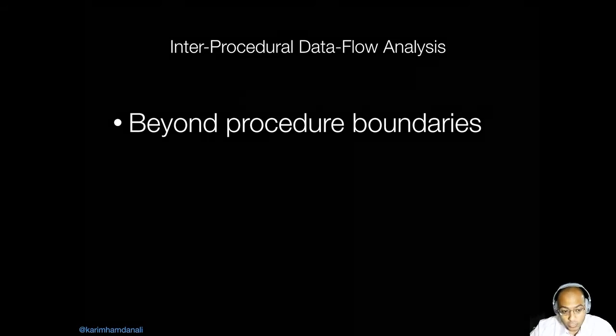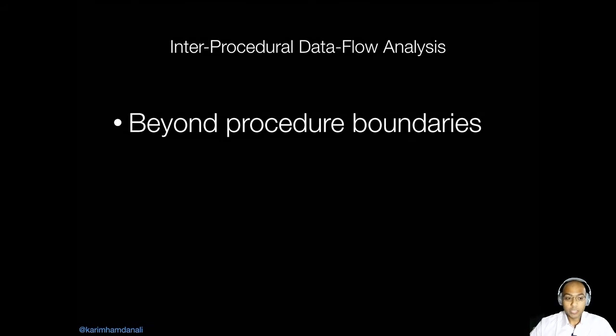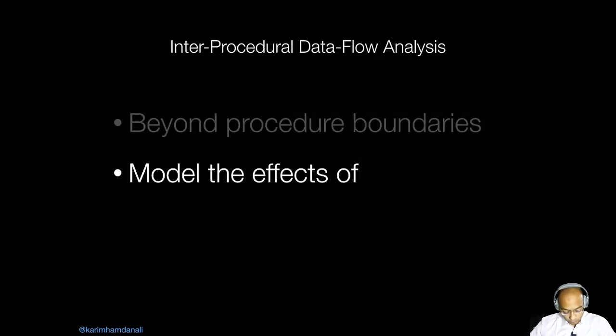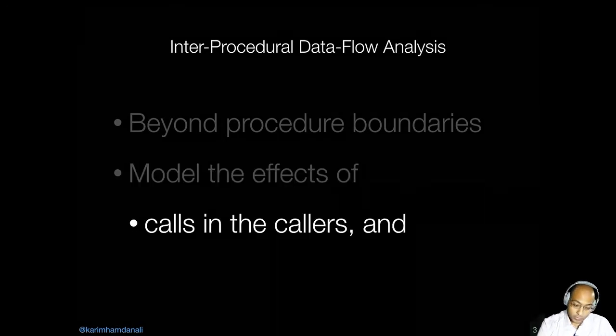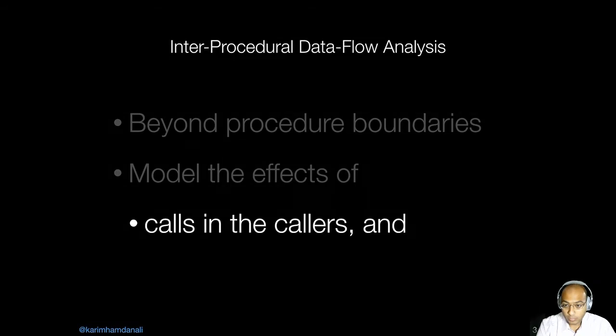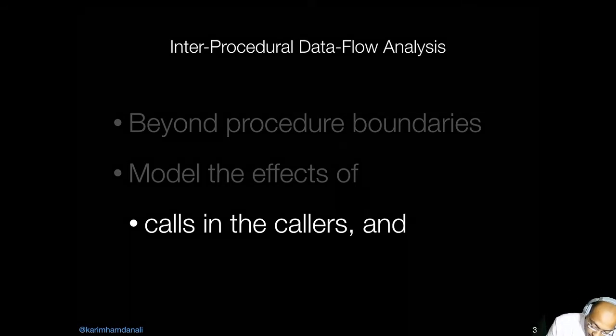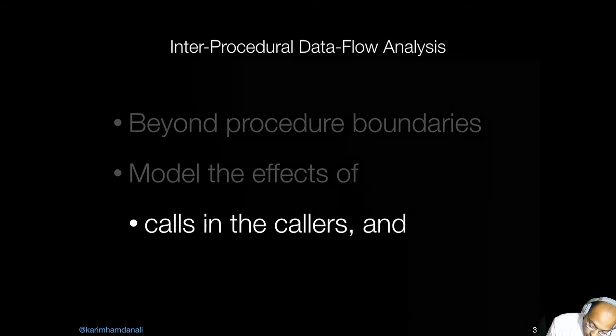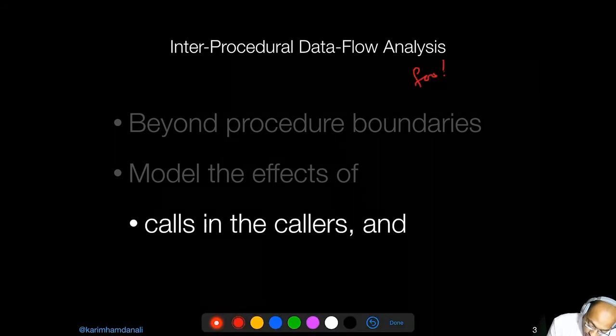Typically, an inter-procedural analysis would model the effect of two things. One is the calls in the caller, so the call sites that you find in caller methods. So if you have method foo, and in method foo you have a call to method bar, and maybe there's some code here, some code there.